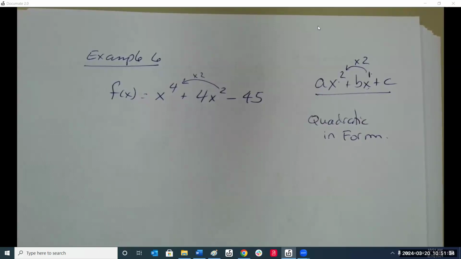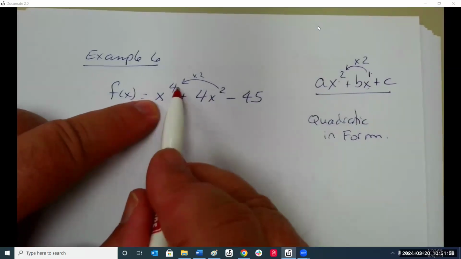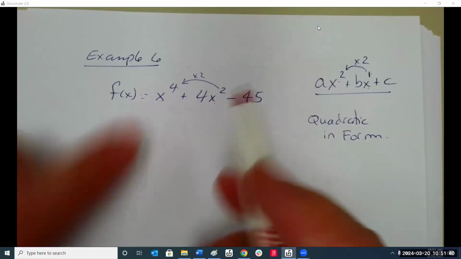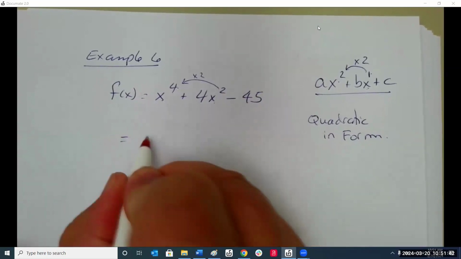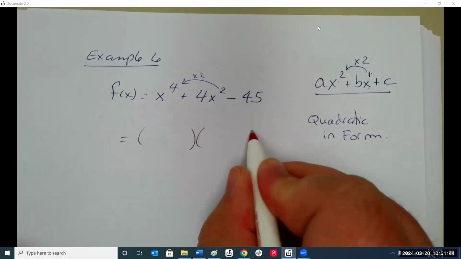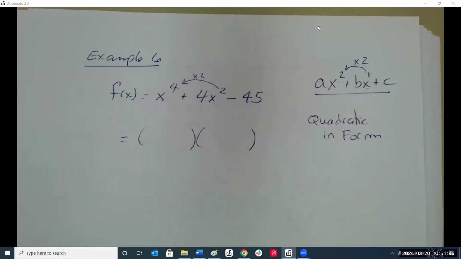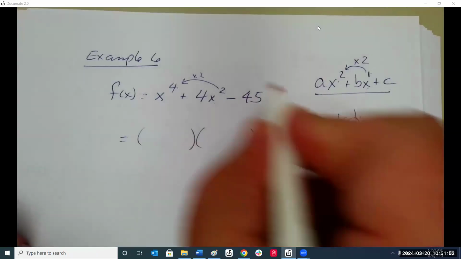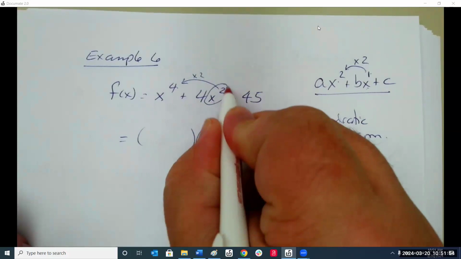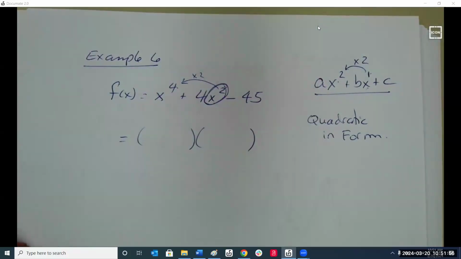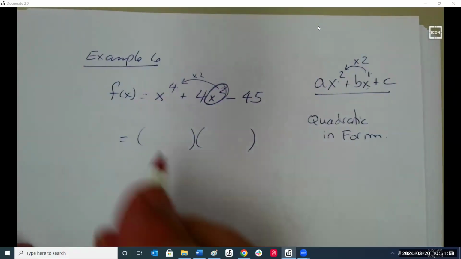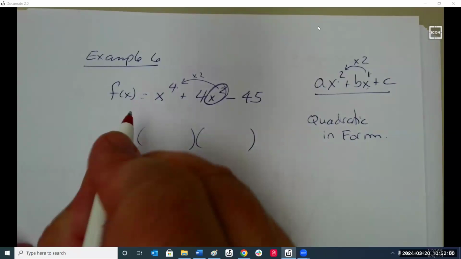It has 3 terms, and the first x is twice the middle x. So we can factor or use the quadratic formula. But remember, you're always solving for that middle x. So we're going to have x squared, x squared.